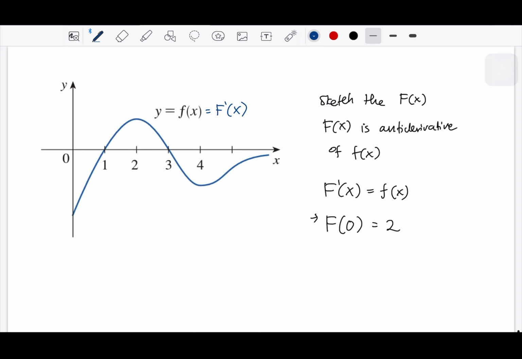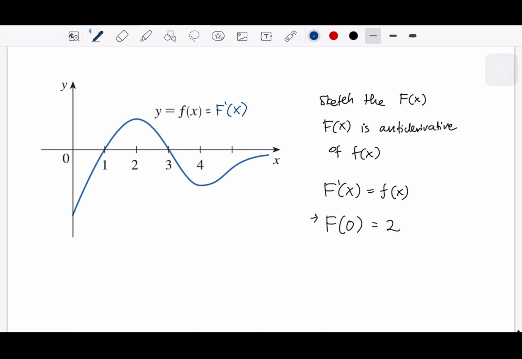Below the x-axis is negative, above is positive, which means that the below part will be our decreasing and this one is increasing. So from 0 to 2, we are going to have a decreasing function.